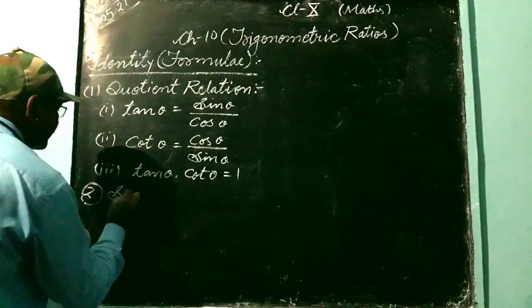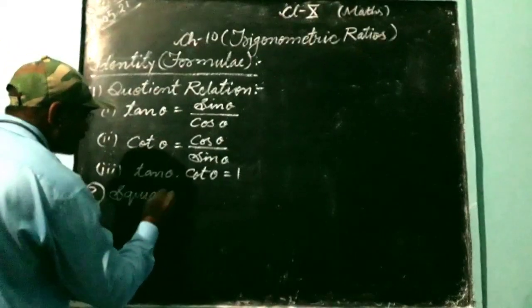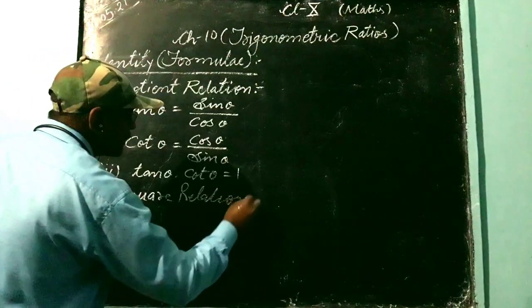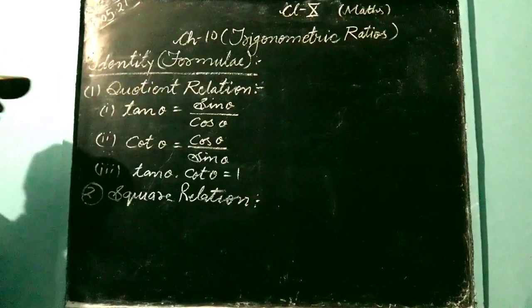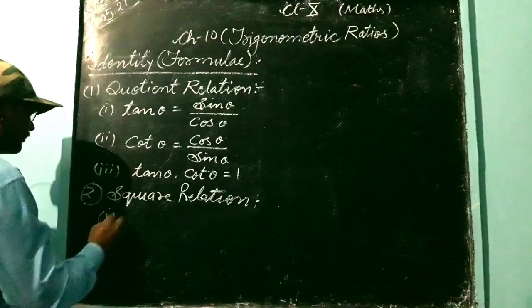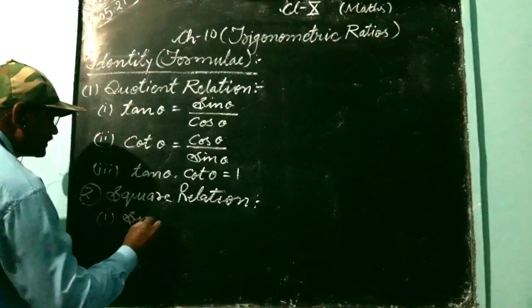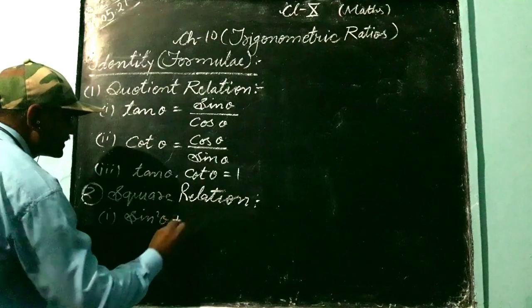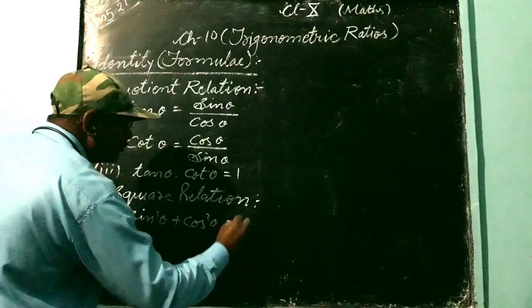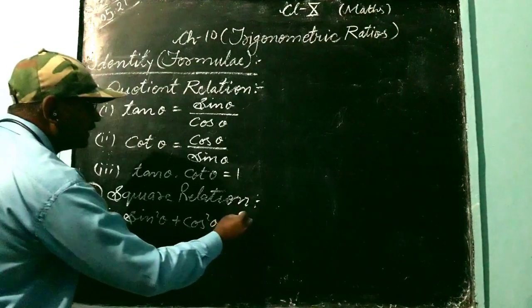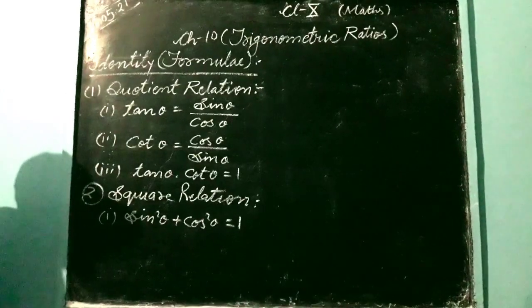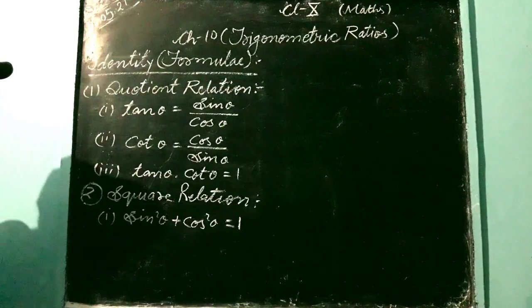In the square relation, given is sin square theta plus cos square theta is equal to 1. Clear, students? These are all identities you need to learn. Understood? Then you can solve the whole exercise.